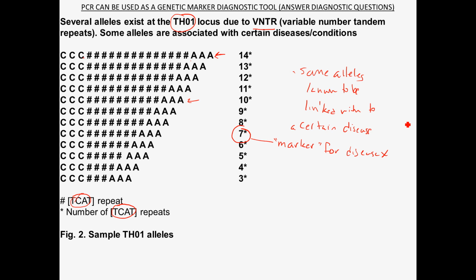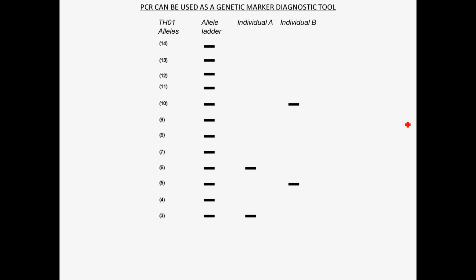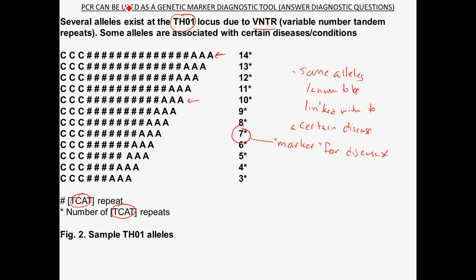Now, you may have one or two of these alleles that are associated with disease, and the rest of the alleles are associated with normal or non-disease individuals. So, PCR used as a genetic marker or diagnostic tool. Let's go back a second and pick 6 and 3 as the two markers associated with that disease.